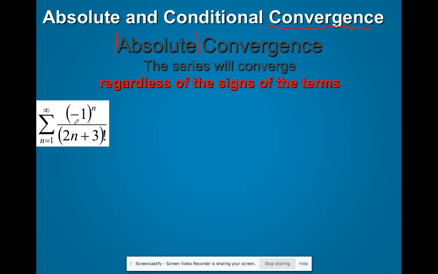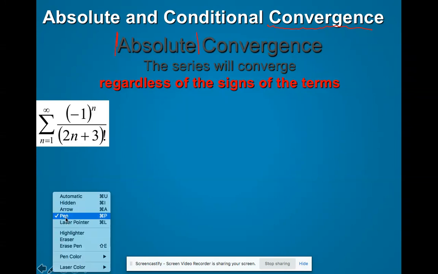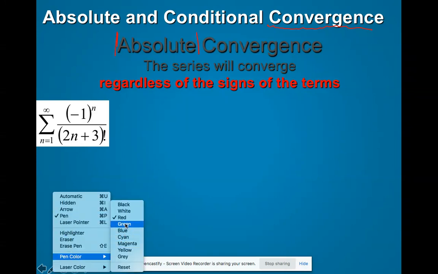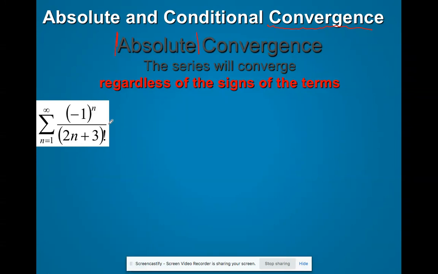So for example, here is an alternating numeric series. Does this series converge absolutely or conditionally? That's the question. Absolute or conditional convergence. So the first thing we do is just look at this numeric series and see if it converges.